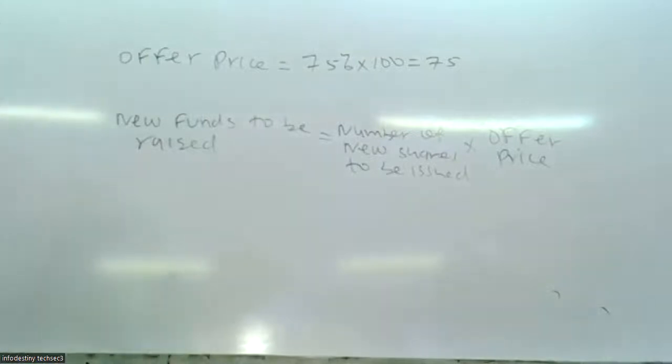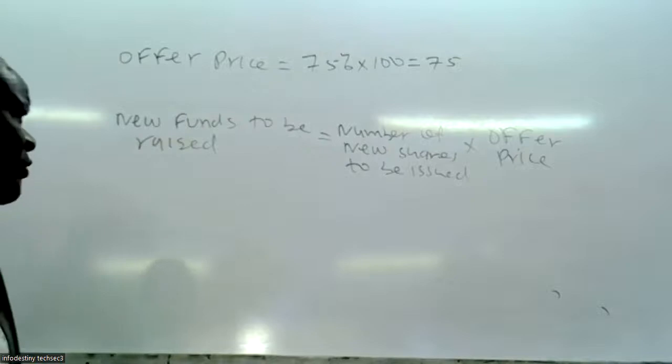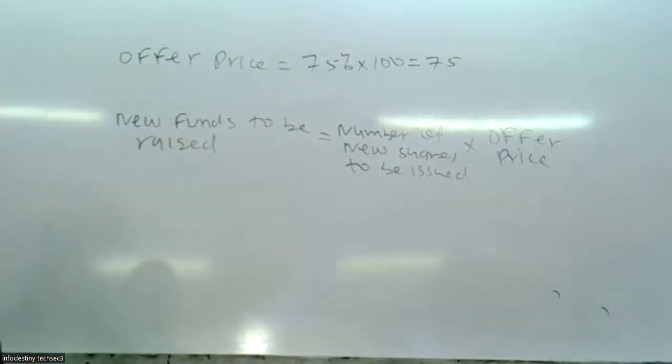So when you want to get the new funds to be raised, it is simply number of the new shares to be issued multiplied by the offer price.